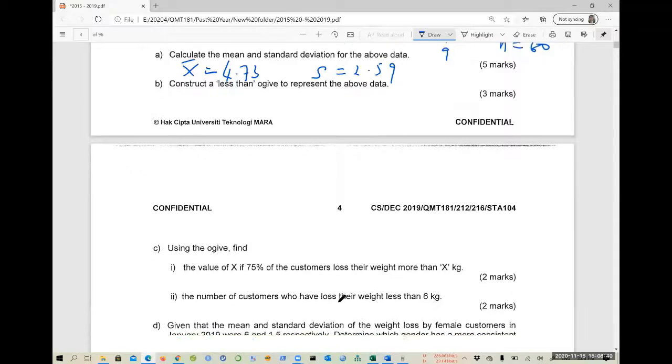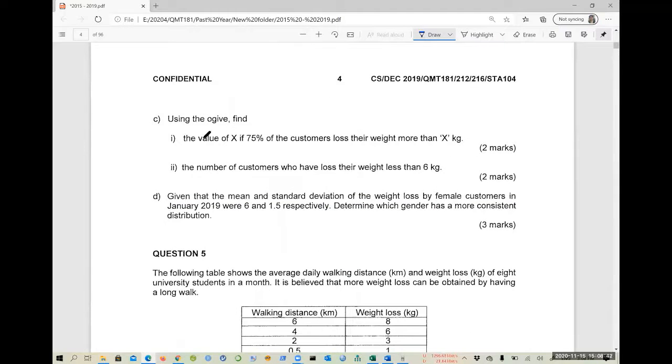Okay, the second part asks you to find the value of x if 75% of the customers lose their weight more than x kilogram. Dia nakkan 75% of the customer lose their weight more than x. So you kena hati-hati kat sini.